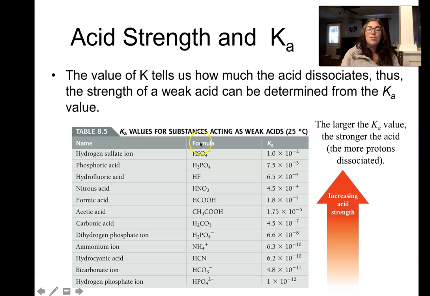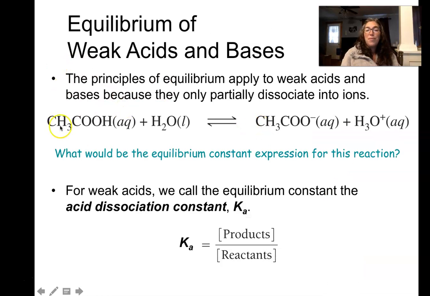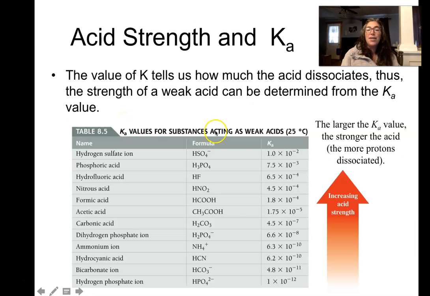So the Ka values for weak acids are all pretty small. Notice the exponents are negatives, meaning they're all less than 1. All of them will favor the reactants because they all have a K value of less than 1, but still some will produce more product than others. So the larger the Ka value is, the stronger the acid is.